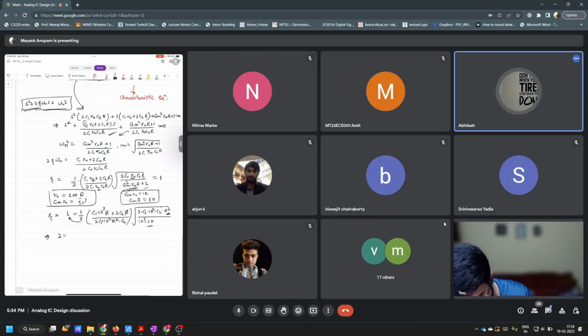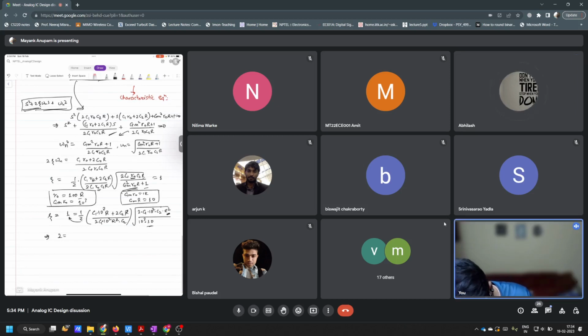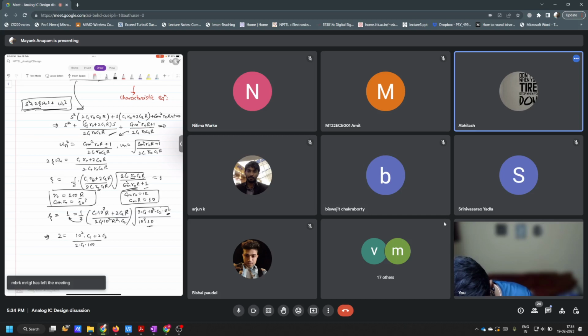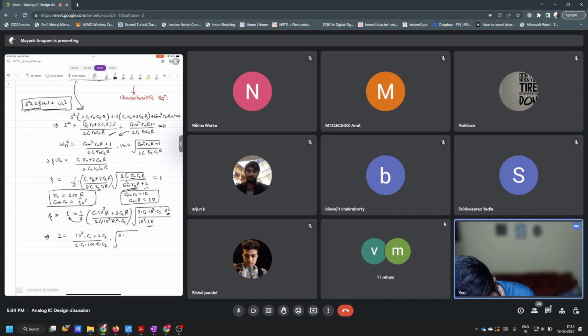So it becomes 10 to the power 2 times C1 plus 2 times C2, divided by 2 times C1 into 100 R into C2, multiplied by 2 times C1 C2 into 100 R square, divided by 10 to the power 4.